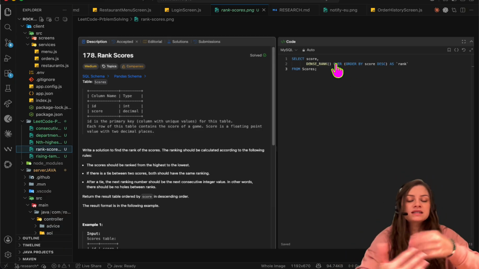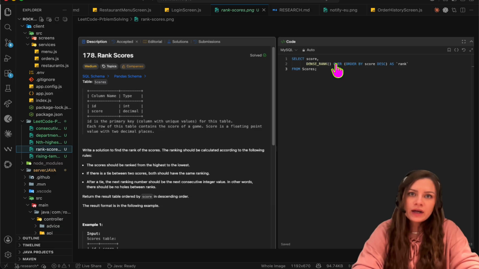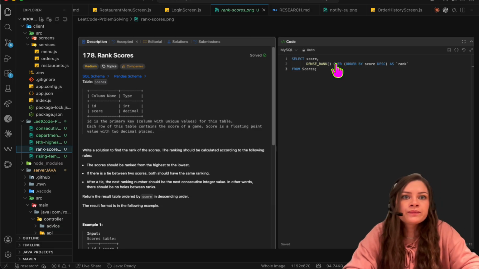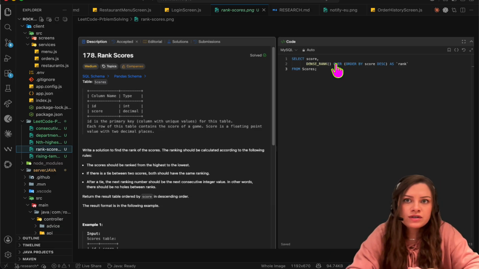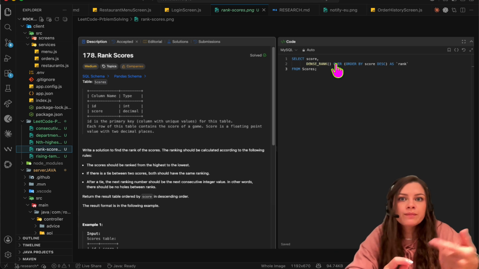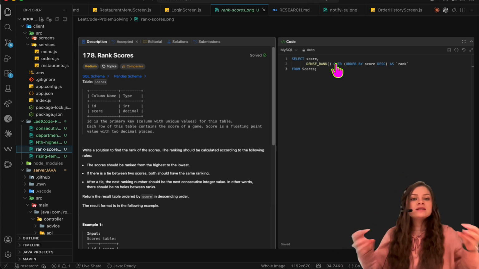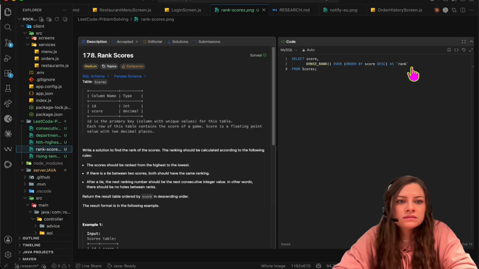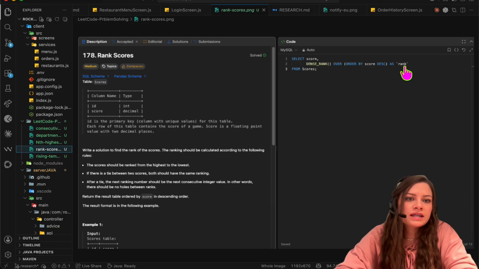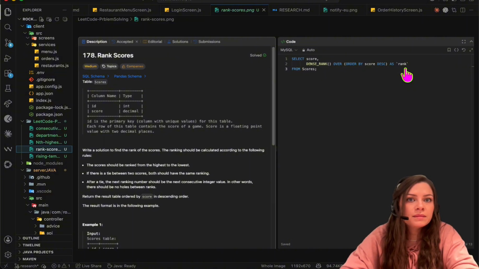The reason it's DENSE_RANK and not just regular RANK is the no gaps rule. If two scores tie for first, regular rank would skip over second and reach third next, but DENSE_RANK continues at second. I also have to wrap rank in backticks because it's a reserved keyword in MySQL.